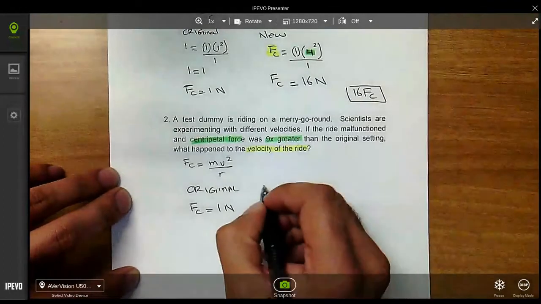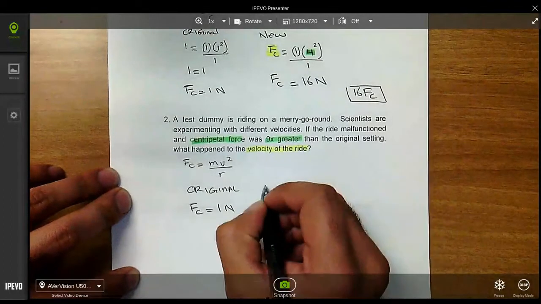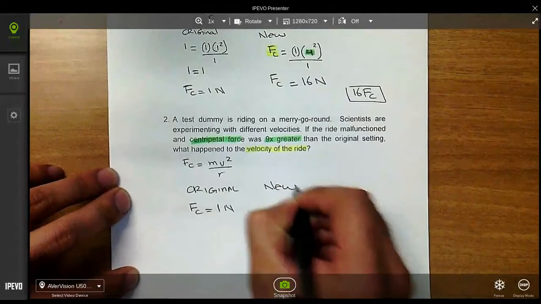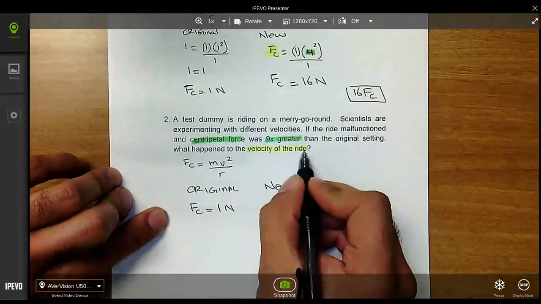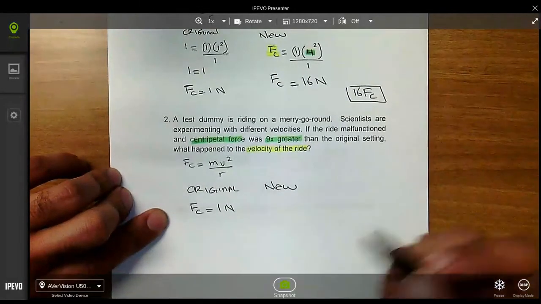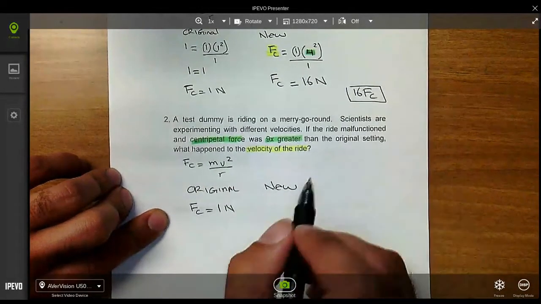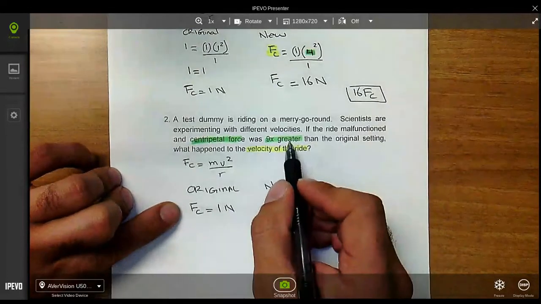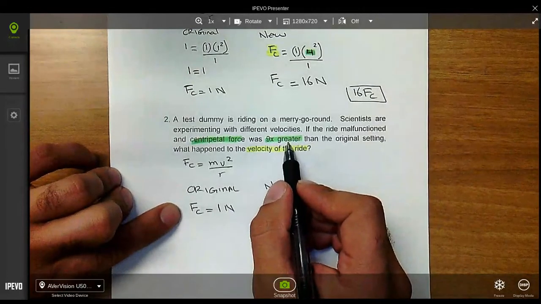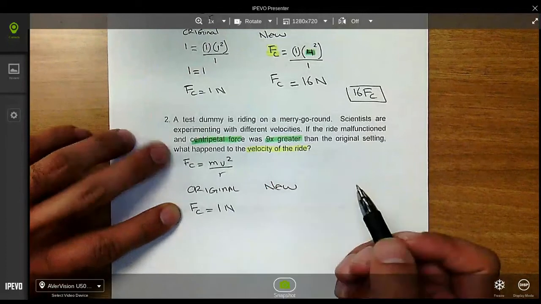And now I'm going to go into my new scenario. For the new scenario, I'm searching for the velocity of the ride. So the Vt, or the tangent velocity, is what I'm going to write down for the variable. What we're changing this time was that centripetal force was 9 times greater.